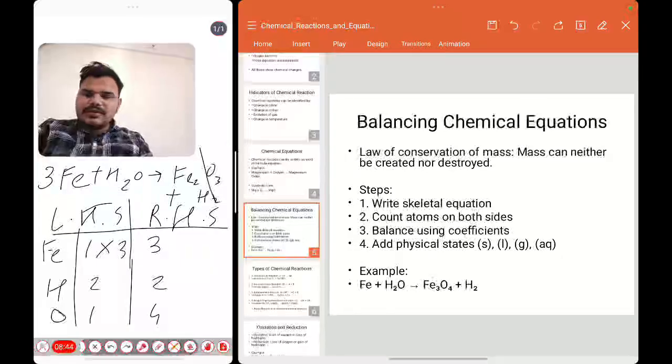So the first one, the iron, is balanced, we can say.